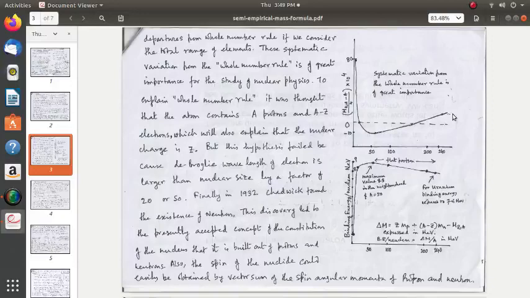But fortunately, in 1932, James Chadwick found the neutron. Once the neutron was found, the picture of the atom changed. Previous to Chadwick's discovery, there used to be protons and electrons, but after the discovery of the neutron, it was much simplified. The neutron is a neutral particle. For example, if you want a mass of 5 and charge of 3, you would say there are 3 protons and 2 neutrons.